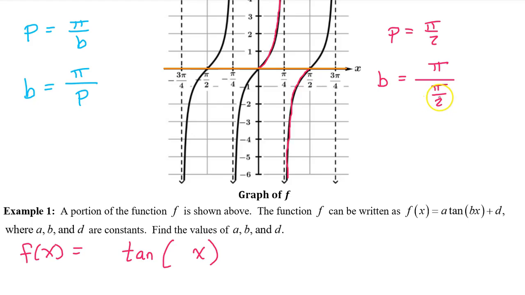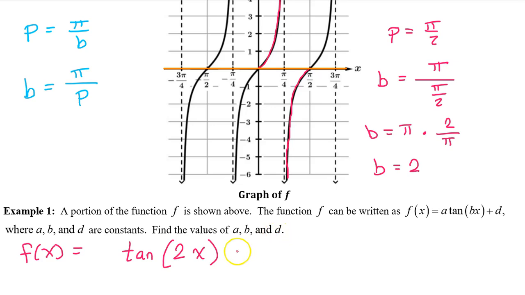When you divide by a fraction, you multiply by the reciprocal. So the b value will equal pi times 2 over pi. The pi's cancel out, and we are left with a b value of 2.